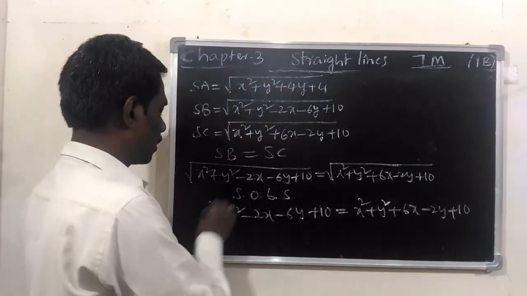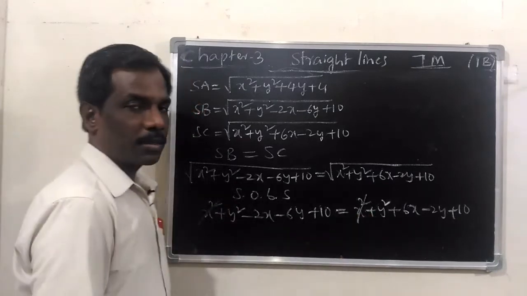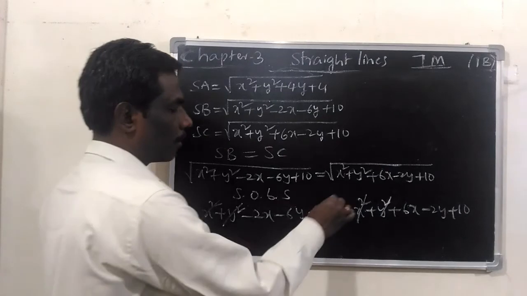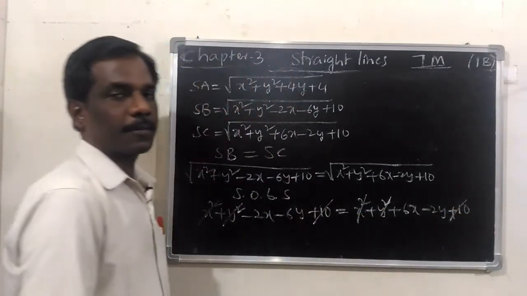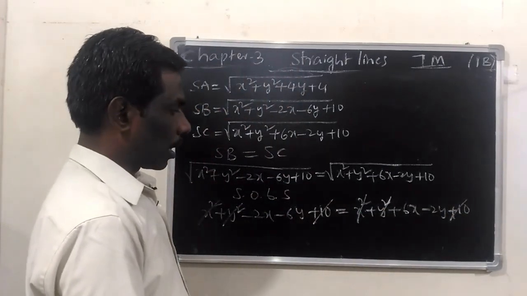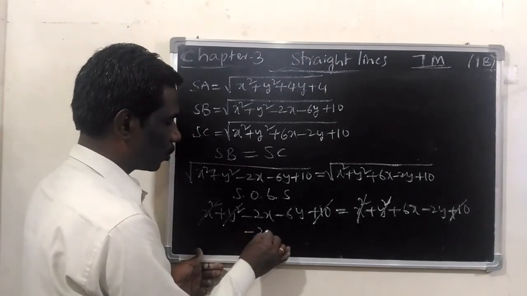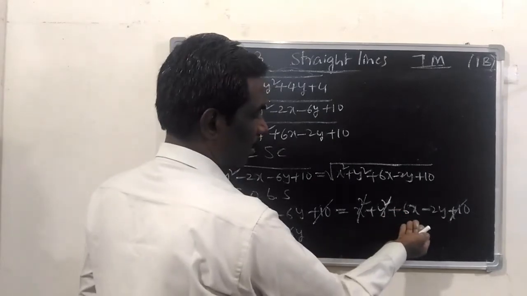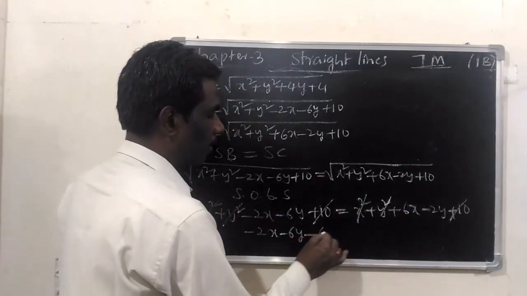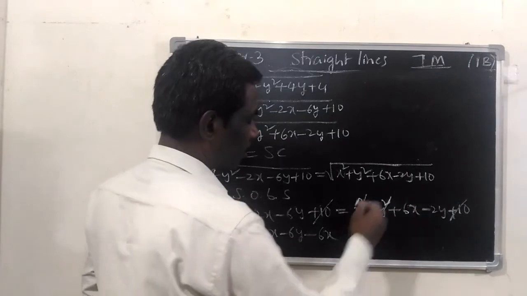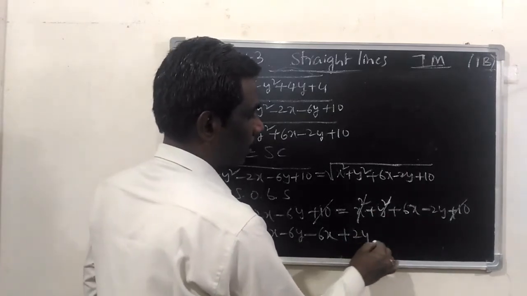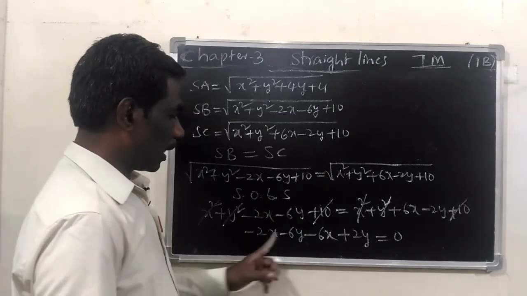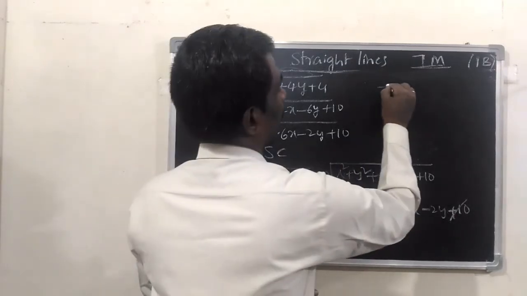Now we can cancel the x square terms on both sides and y square terms on both sides, and also plus 10 on both sides. So what is remaining here is minus 2x minus 6y, and take this plus 6x to the left side, that becomes minus 6x, and this minus 2y becomes plus 2y, is equal to 0. Minus 2x minus 6x is minus 8x.